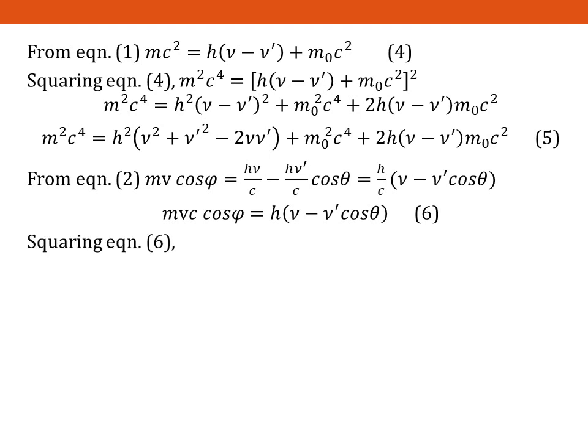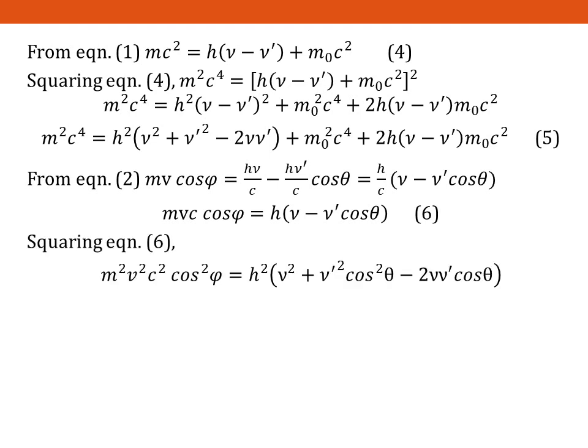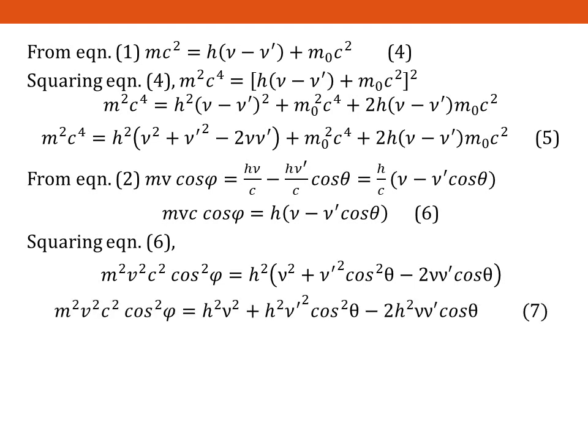We now square this equation 6 and we have m²v²c² cos²φ = h²(ν² + ν′² cos²θ − 2νν′ cos θ). We have used the common expression here (a − b)².